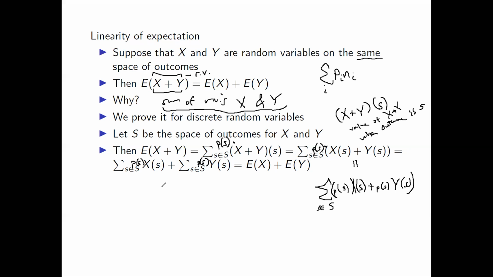And then we break up the sum into two sums, P of s X of s plus P of s Y of s. And that gives us expectation of X plus expectation of Y. So that's an easy way to see why we get linearity of expectation for discrete random variables.